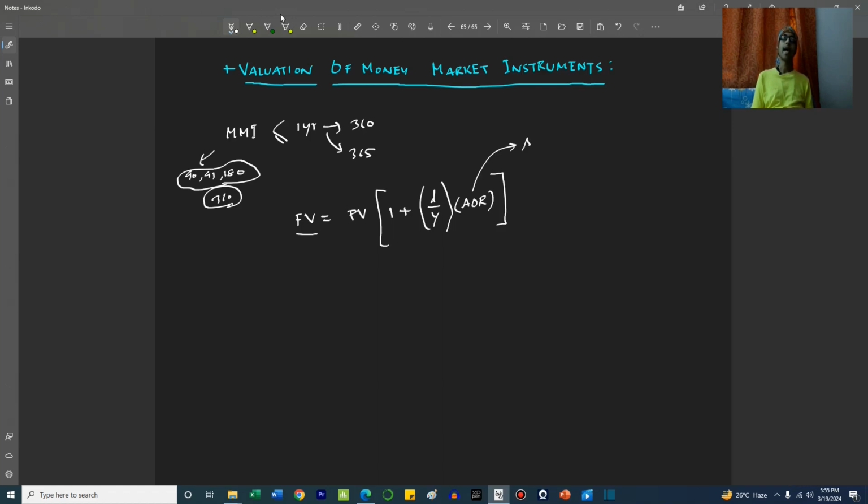This is called the add-on rate. Similarly, when we try to calculate the present value, then the expression is given by future value multiplied by 1 minus the ratio of the duration of the instrument divided by the number of days in the year, multiplied by something called the discount rate.